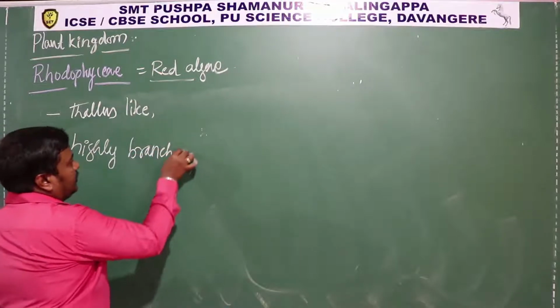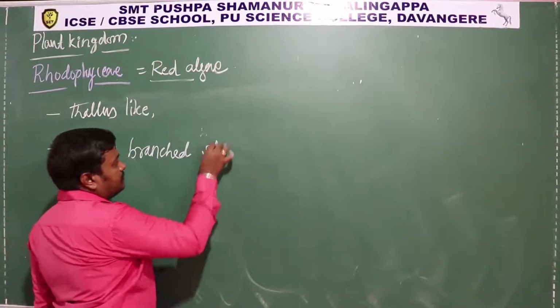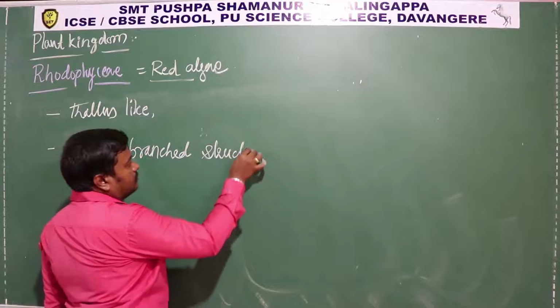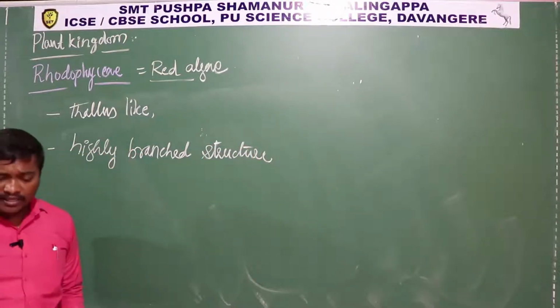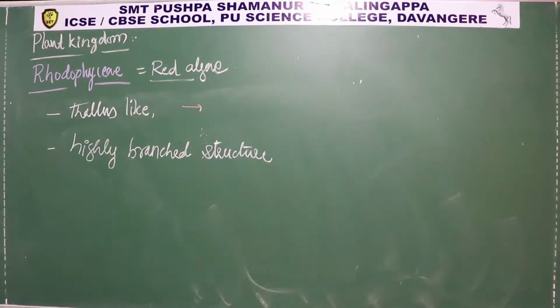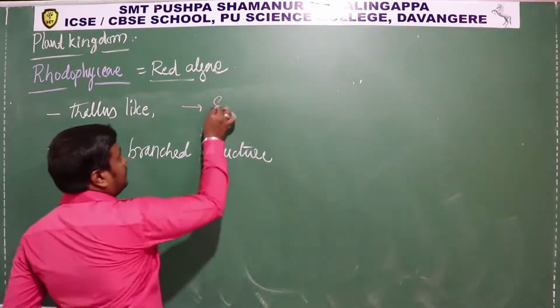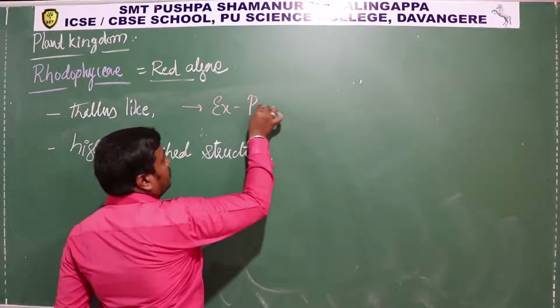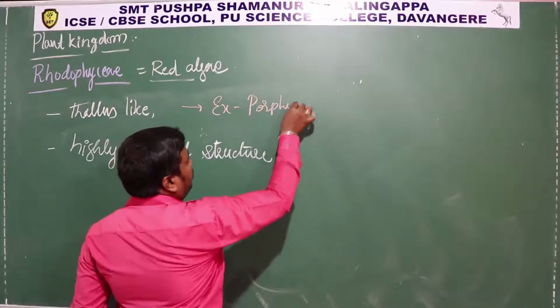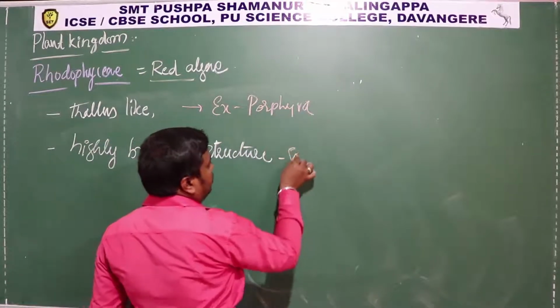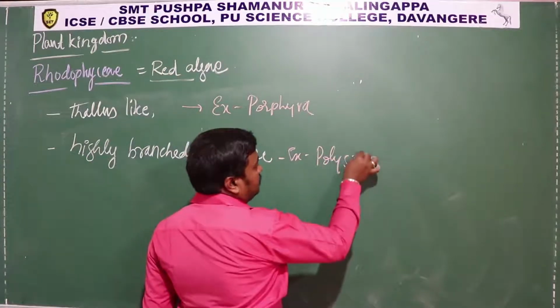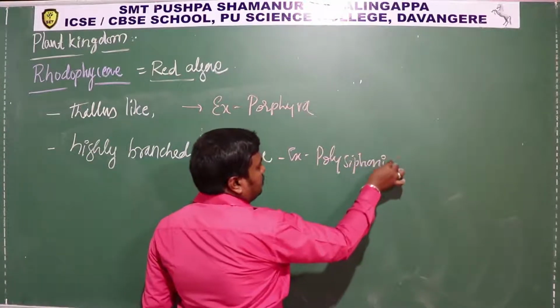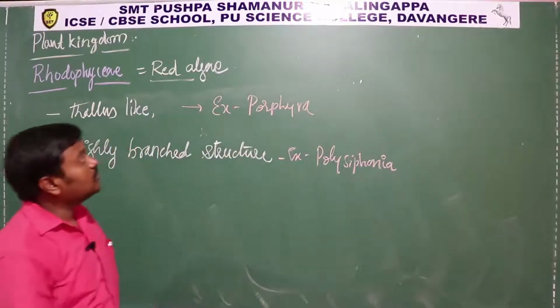They have a thallus-like structure or a highly branched structure. An example for thallus-like is porphyra and an example for highly branched is Polysiphonia. So how do they actually look?